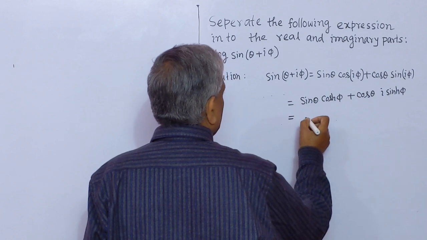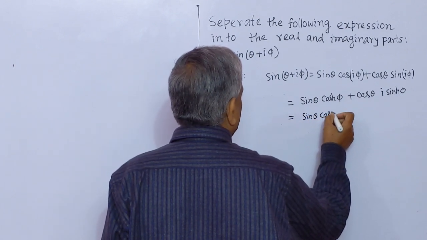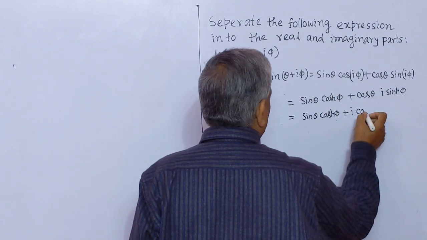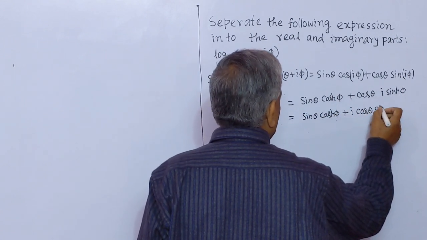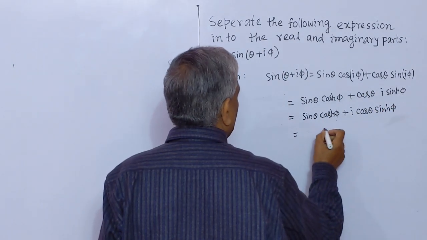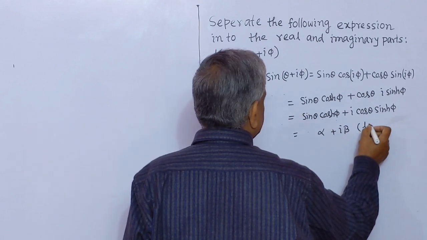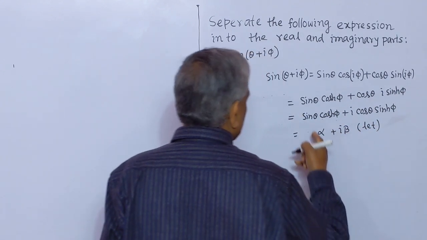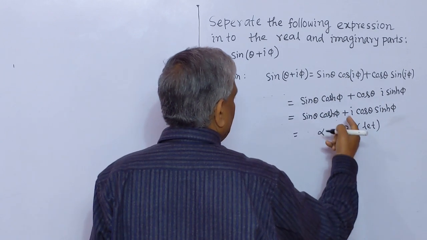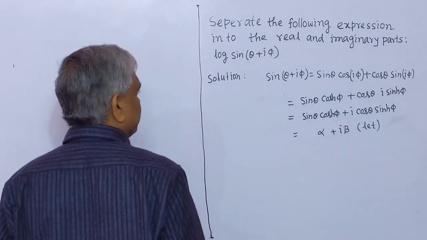This is equal to sin theta cos hyperbolic phi plus i cos theta sin hyperbolic phi. Let this be equal to alpha plus i beta, where alpha equal to sin theta cos hyperbolic phi and beta equal to cos theta into sin hyperbolic phi.